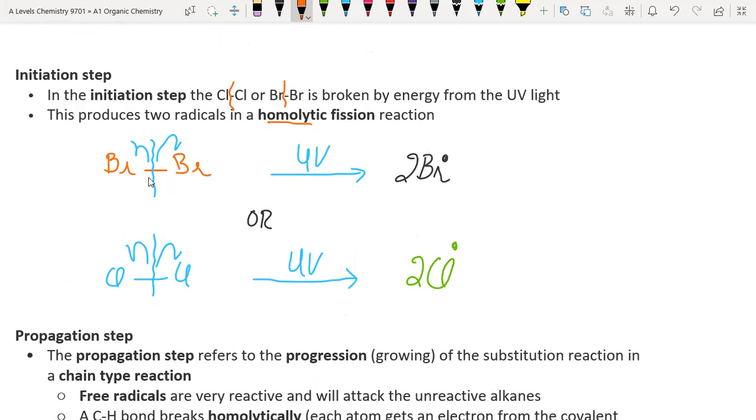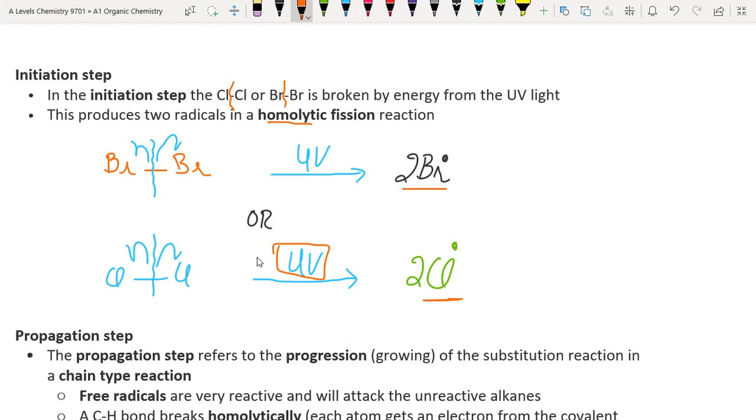In the case of bromine, it will break to form two bromine radicals. Similarly, chlorine will produce two chlorine radicals. But the condition is ultraviolet radiation. Otherwise, no reaction will occur between hexane and bromine or chlorine.